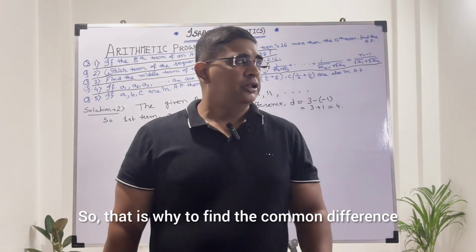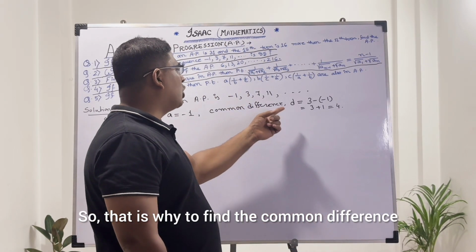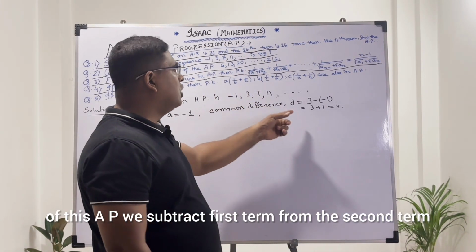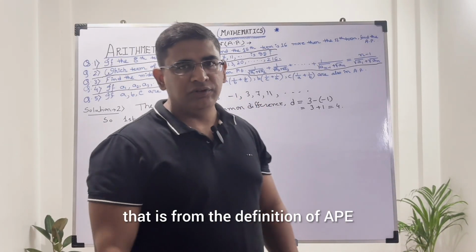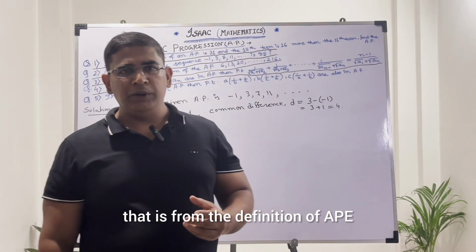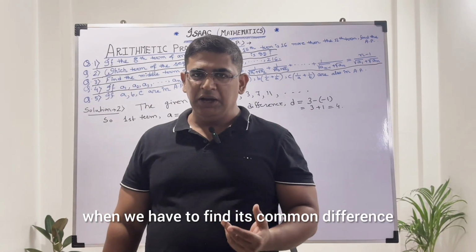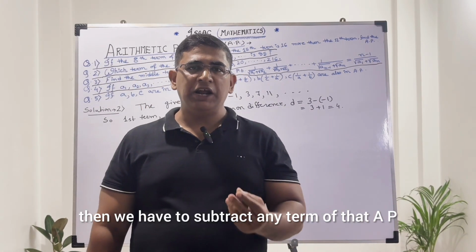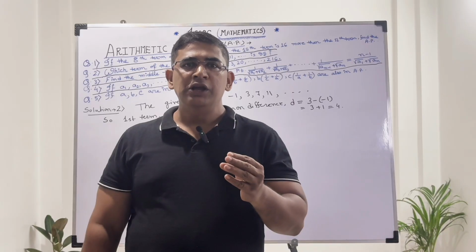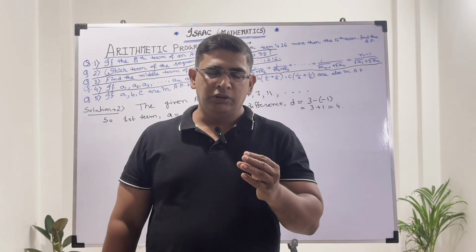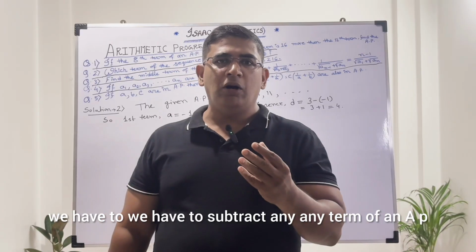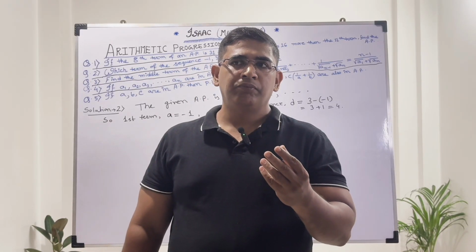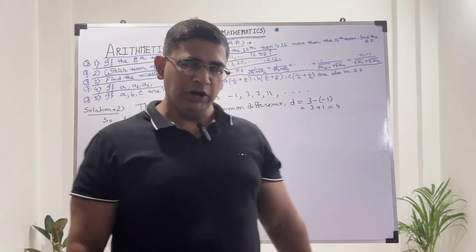So to find the common difference of this AP, we subtract the first term from the second term.